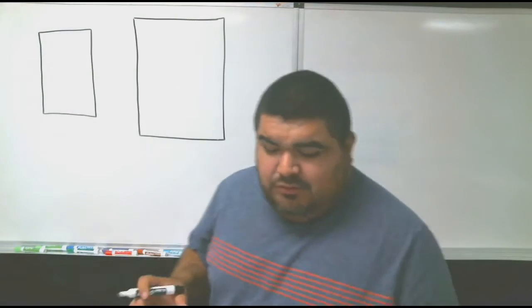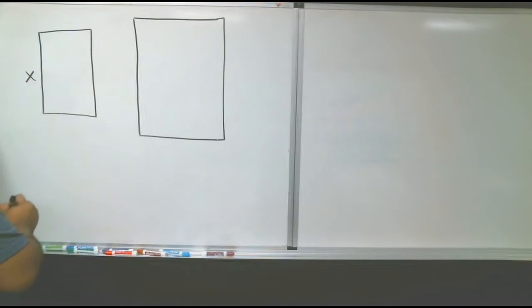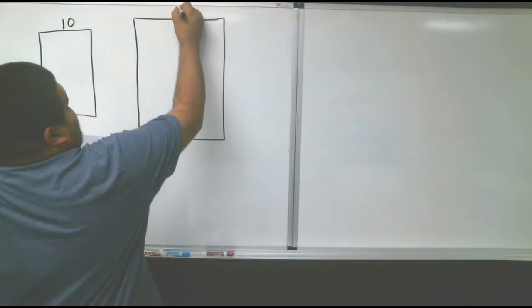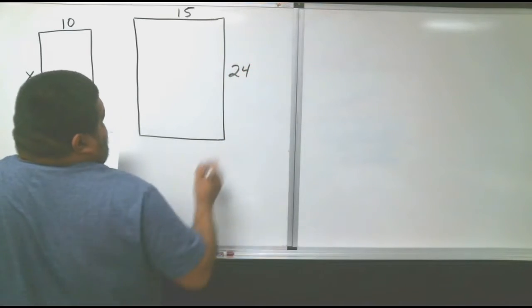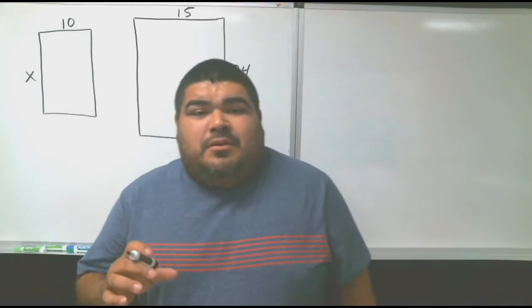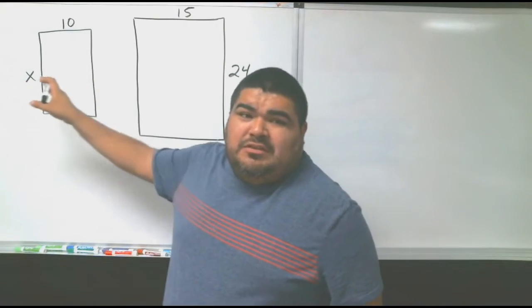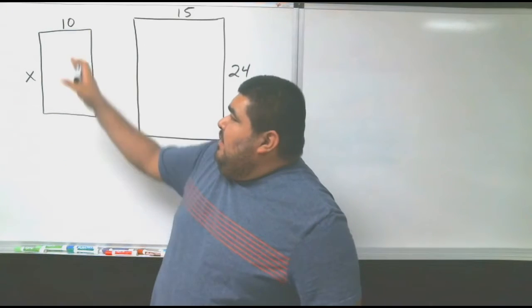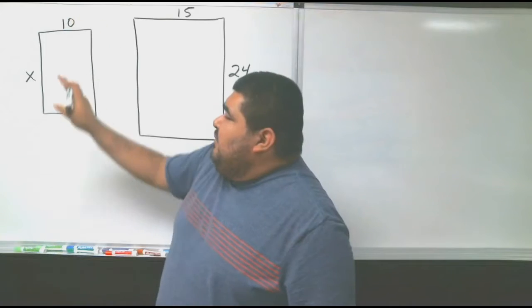On these rectangles, we have x, and then we have a 10, a 15, and a 24. Keep in mind, rectangles have both sides that are across from each other the same, down from the top to the bottom.